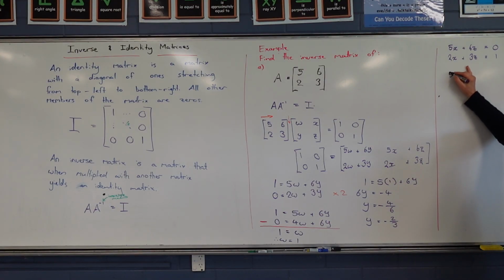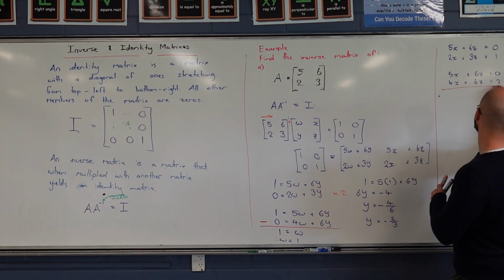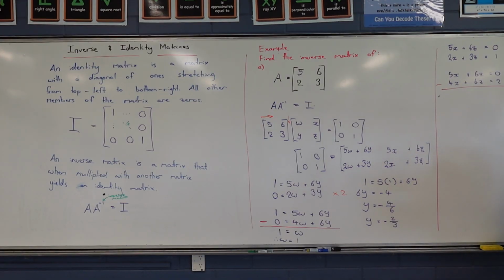So it's going to be 5X plus 6Z equals 0, and 4X plus 6Z equals 2. Subtract. We get negative 2 there. We get no Z's. And we get just an X. So X is minus 2.